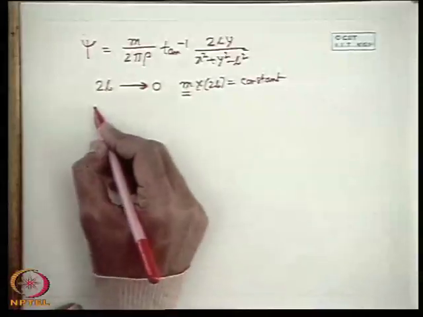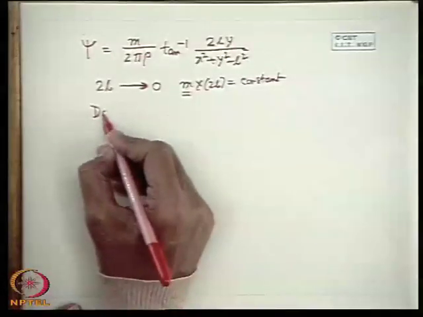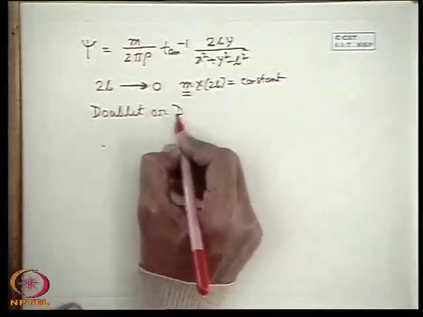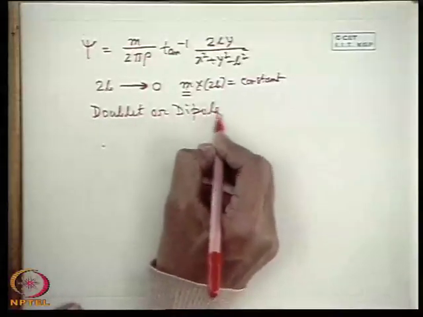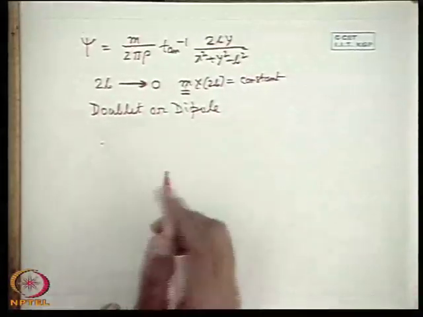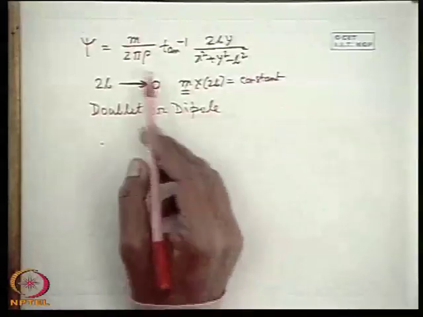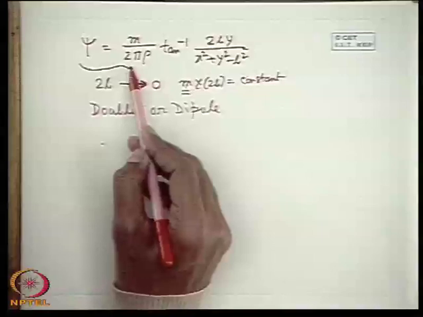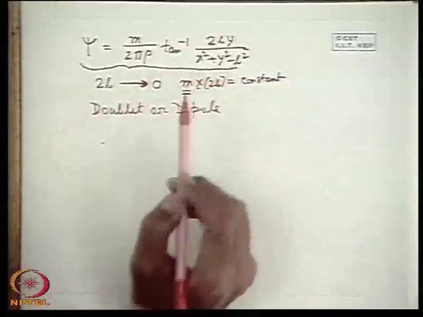The flow field which is arrived at this way, combining source and sink, is known as a doublet or dipole. This is the combined stream function for a combination of source and sink.